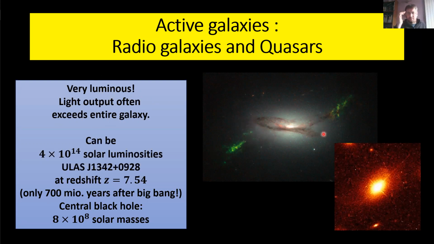So obviously, there must be something twisted. This also means this can change the direction where they emit the jets. And it's not continuous. So if you have 4 times 10 to the 14 solar luminosities, that is 400 billion times as bright as the sun.